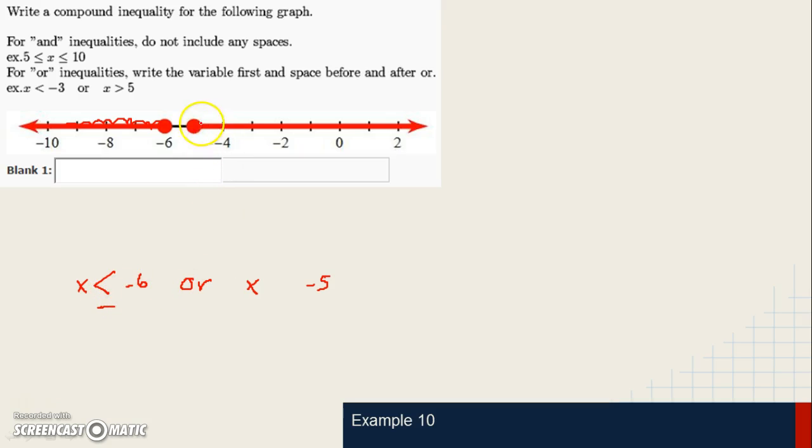And if we look at our second inequality, values that are greater than negative 5 are included on the red line. So we know that x is greater than negative 5, and the circle on negative 5 is closed, so we know that this is an equal to. I'm going to type this in real quick. X is less than or equal to negative 6, space, or, space, x is greater than or equal to negative 5.